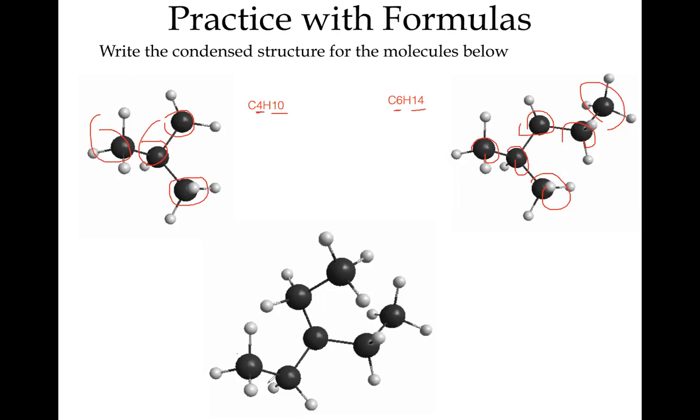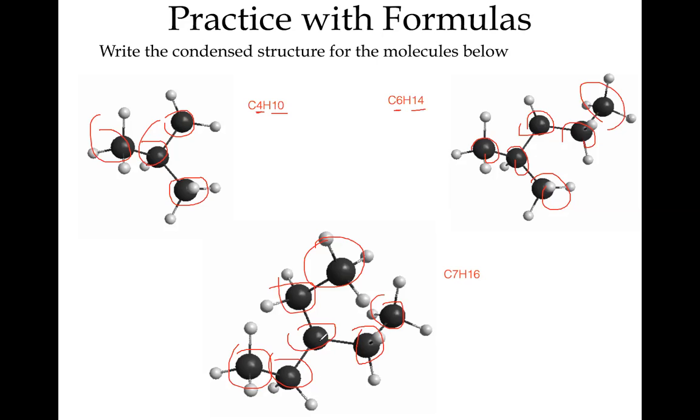We have 1, 2, 3, 4, 5, 6, 7. So that's C7. How many hydrogens should we have based on that? We should have 16, right? 7 times 2 is 14 plus 2 is 16. So that's one, I wonder, right? 1, 2, 3, 4, 5.